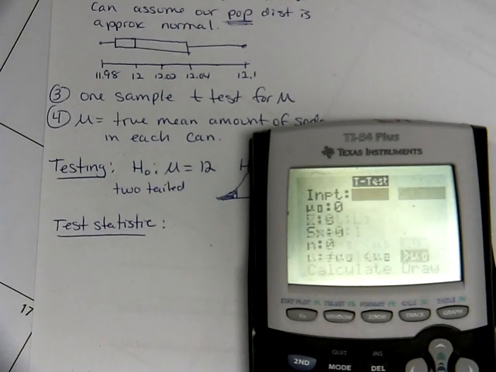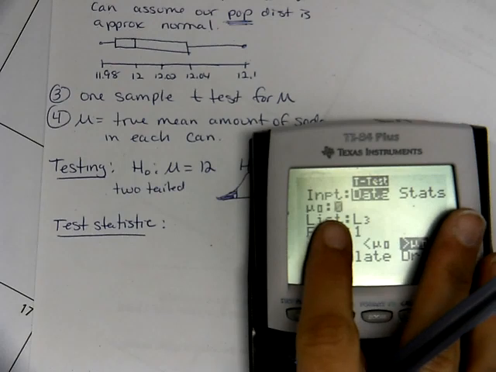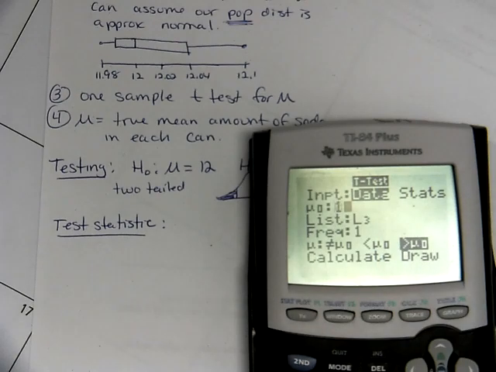Go to the data. Your mu sub 0 is still 12 ounces. Tell me what list all your stuff's in. And then frequency here is 1. And then we're doing a not equals.